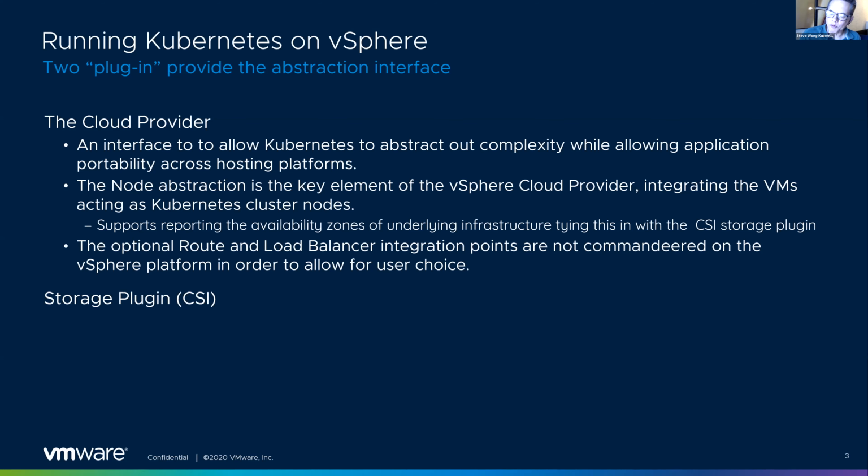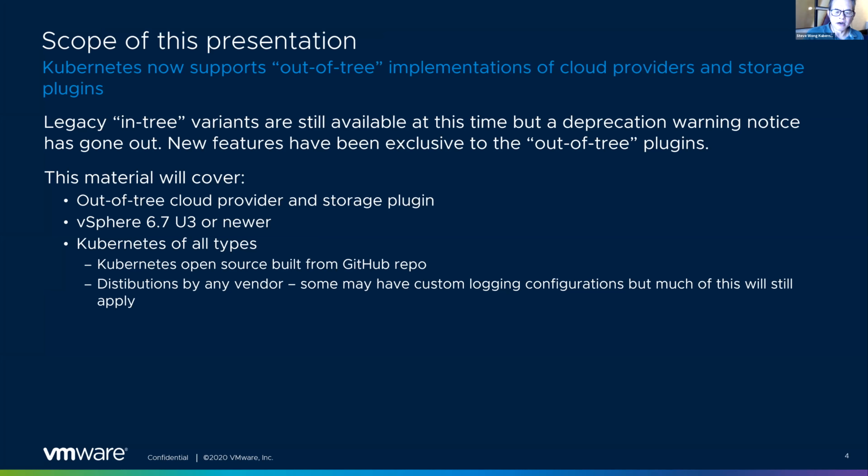That is something that is out there, still available, but deprecation warnings have already been issued. There's both in-tree storage plugins as well as an in-tree cloud provider. They still are supported. However, they've already gone a little over a year with no feature enhancements.